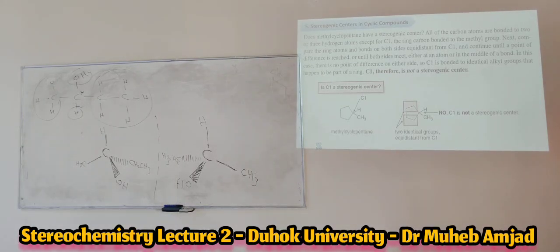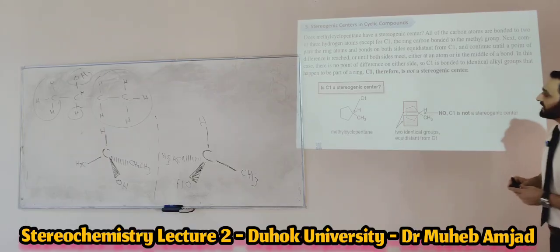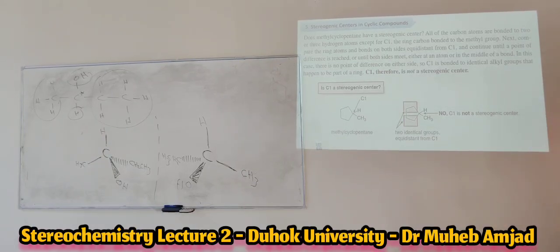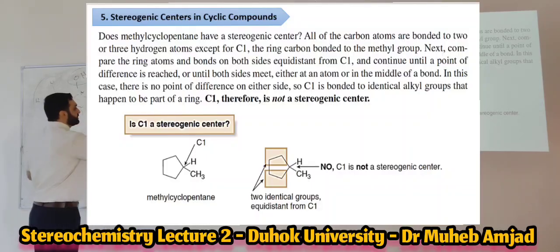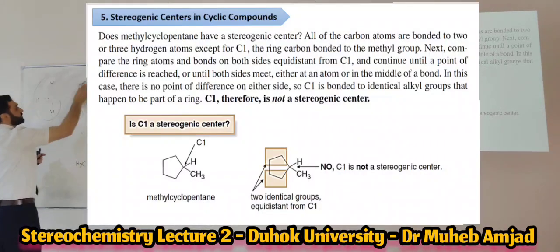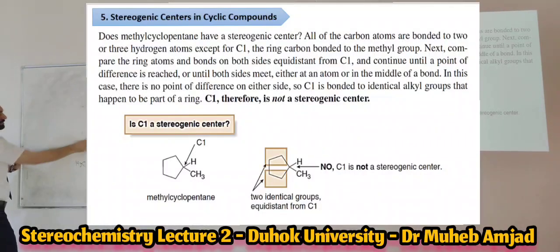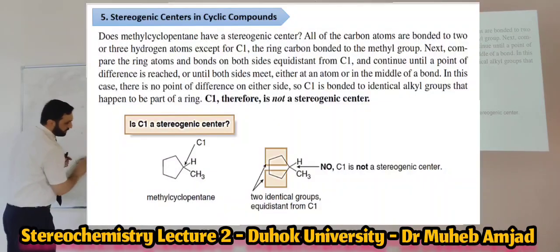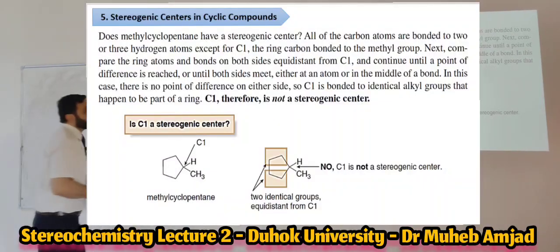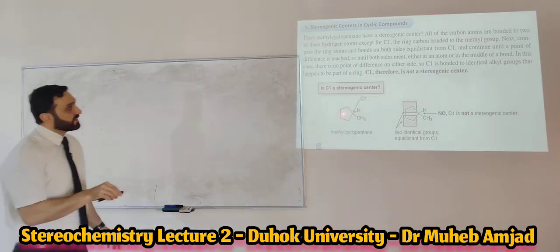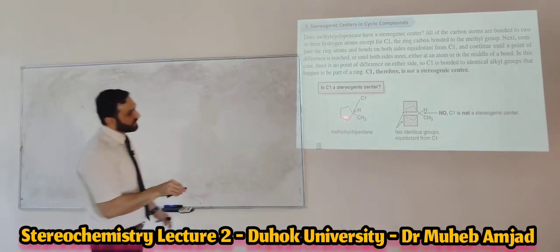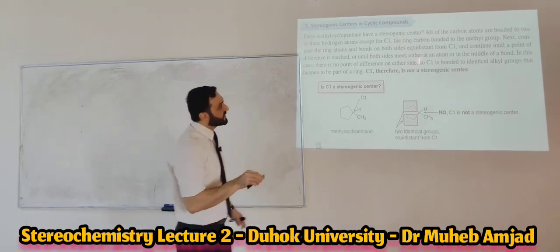Now, stereogenic centers in cyclic compounds. So now we go to the cyclic compound: how can we find the stereogenic center? Now look, does methylcyclopentane have a stereogenic center?